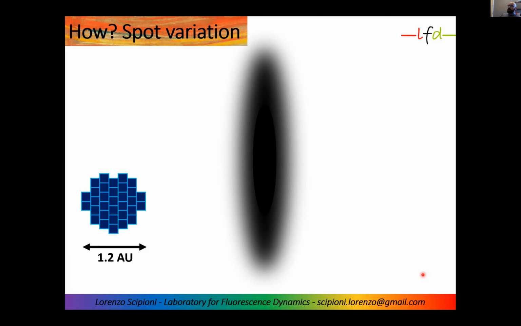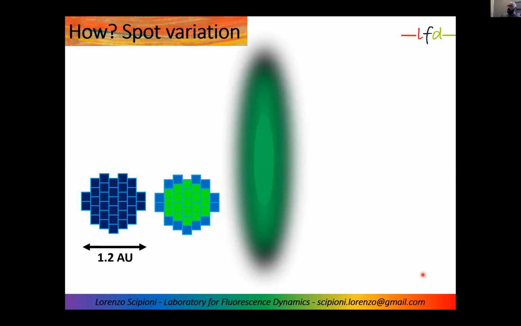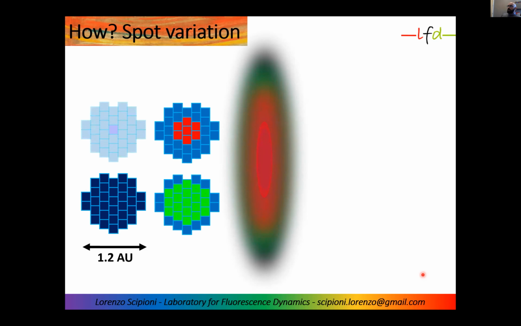So if you take the signal coming from all the detectors, it's like having a pinhole of 1.2 Airy units. If you consider a more central area, then it will be like 0.8 Airy units, so the point spread function will be narrower. And then you can go 0.6, and then 0.2.